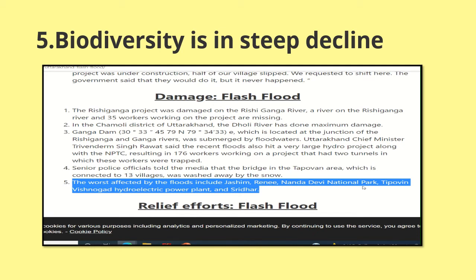So the glacial flood not only damages the river system or the supply of fresh water, it also has a negative impact on the biosphere reserve and on biodiversity.